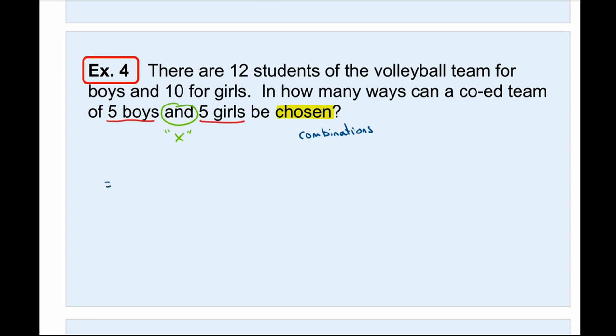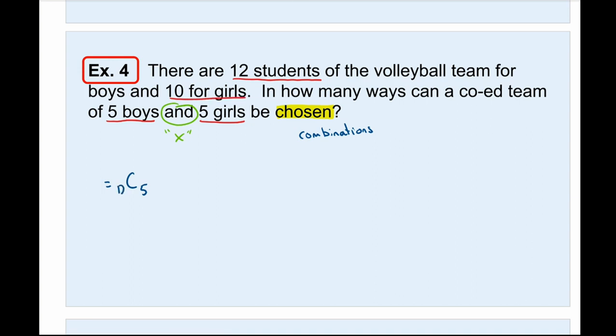So we have to think about, okay, how many boys can I choose? Well, I'm choosing 5 of them, and I have 12 that are on the boys and 10 girls to choose from.